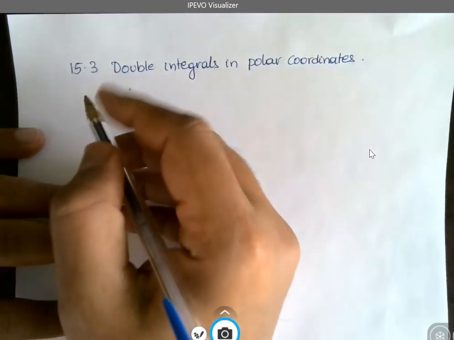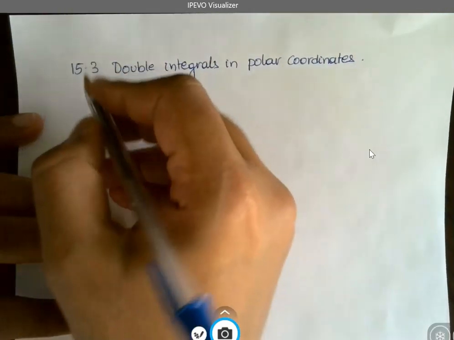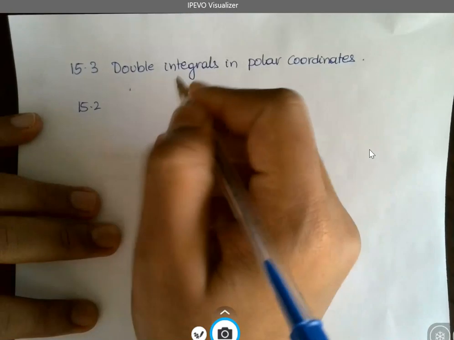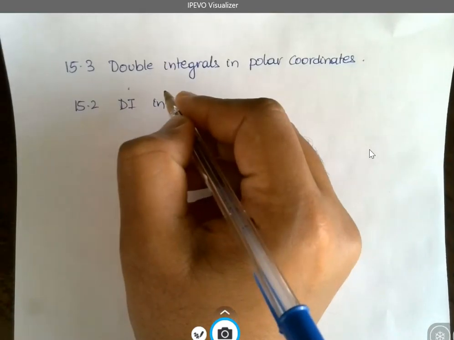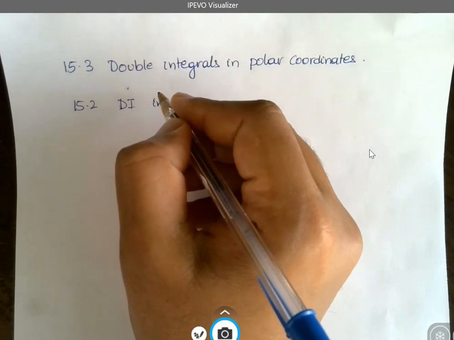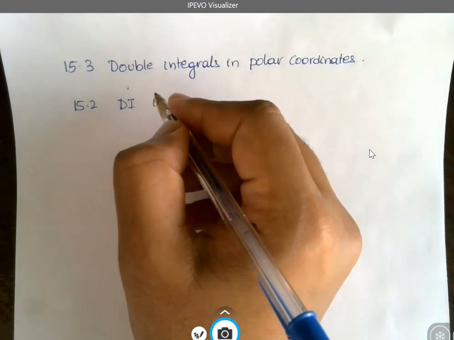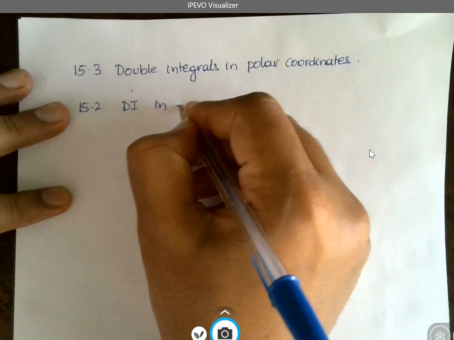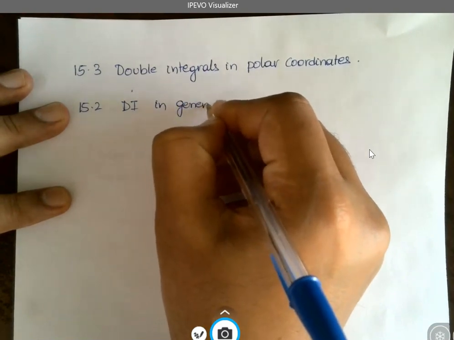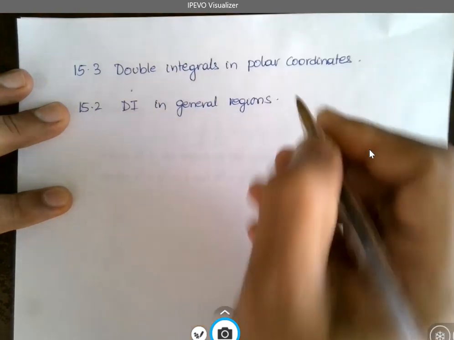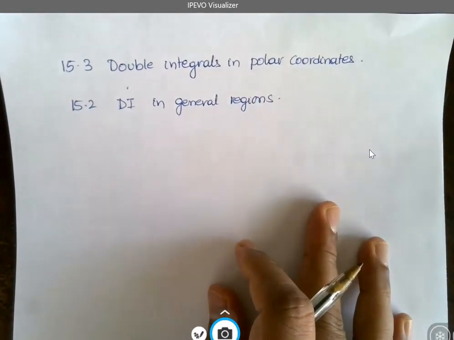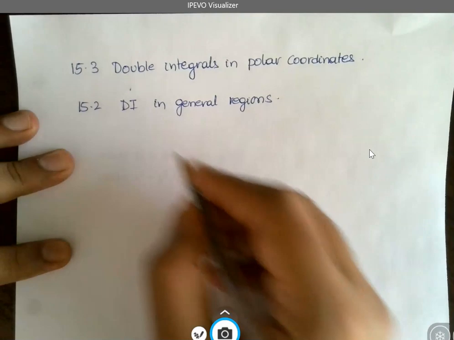First of all, section 15.2, if I understand it correctly, was double integrals in general regions. In that section we found the volume and the area.